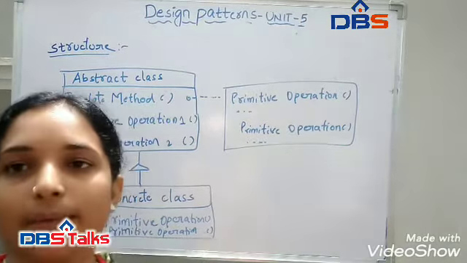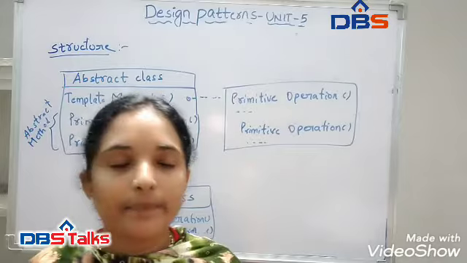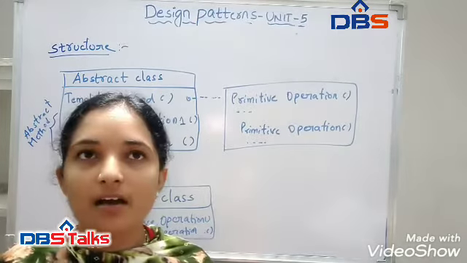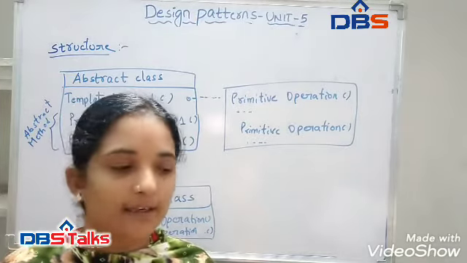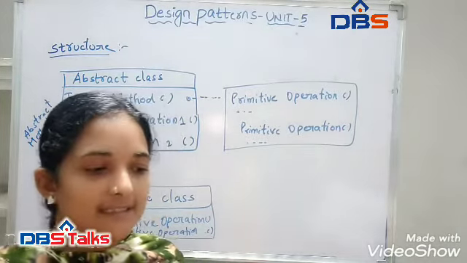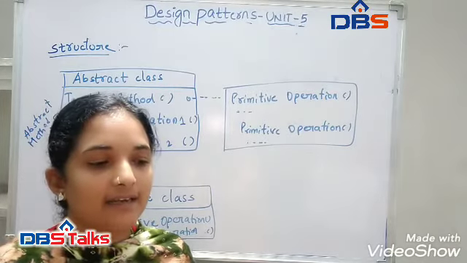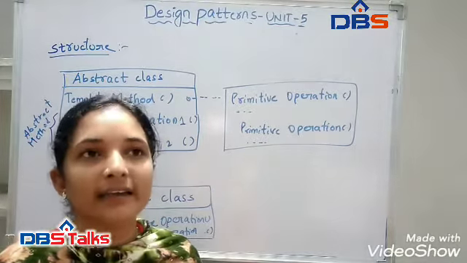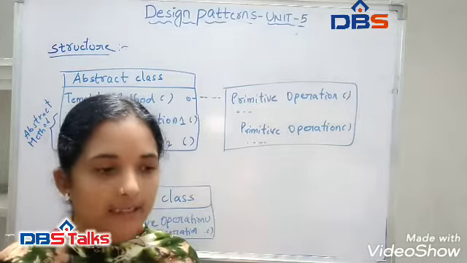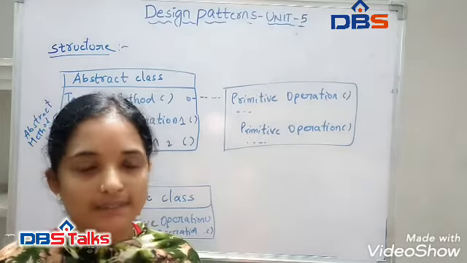Next, coming to the collaboration. Collaboration tells the relationship between the classes and objects. Here the concrete class relies on the abstract class to implement the invariant steps of the algorithm. Next, coming to the consequences.